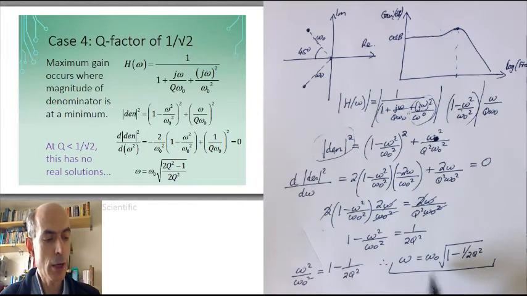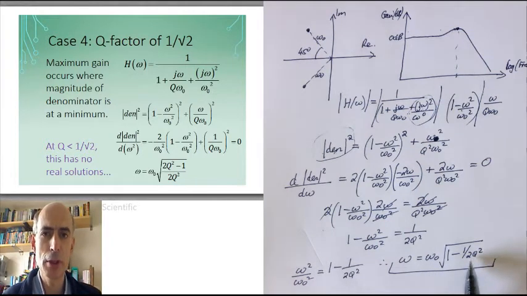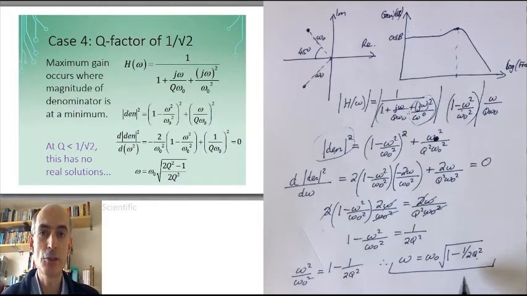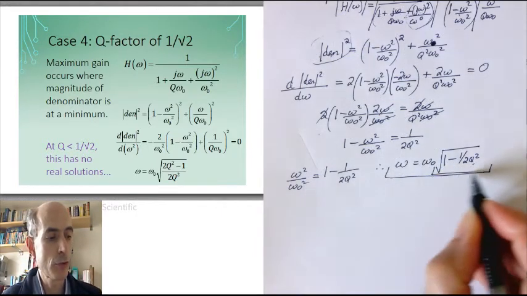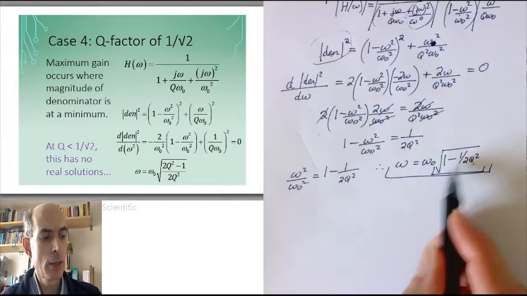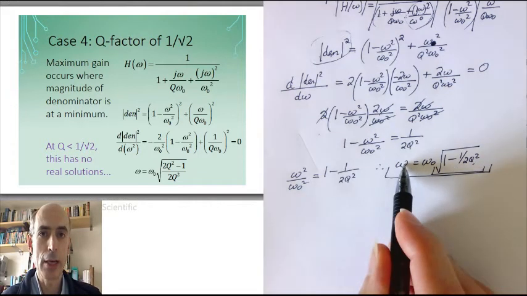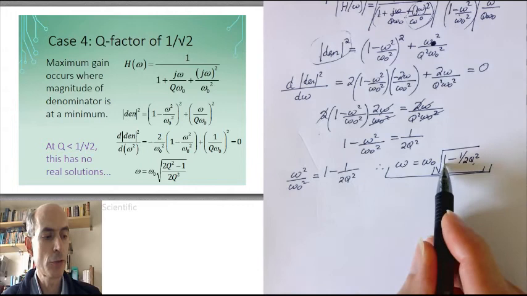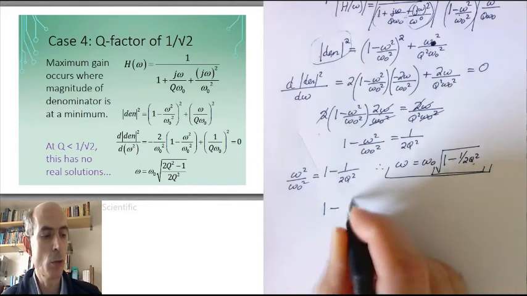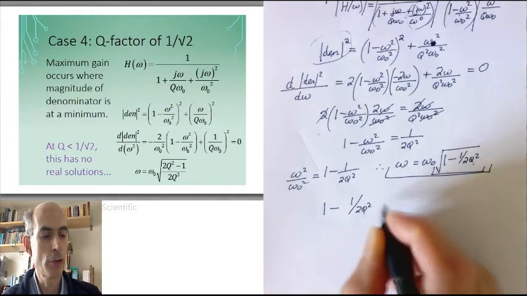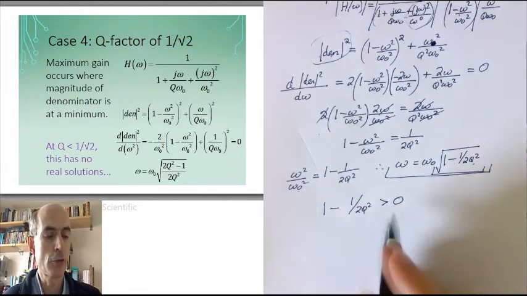But for now, I just want to note something interesting about this formula, which is that it doesn't have any roots if Q is less than 1 over the square root of 2. You can see that by considering this square root here. In order to get a real frequency out the end, this square root must be the square root of a positive number. So 1 minus 1 over 2Q squared must be greater than 0.